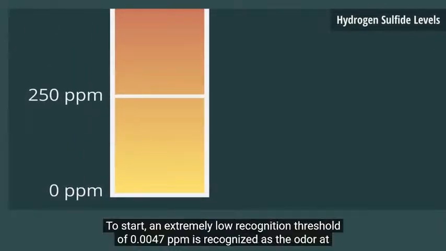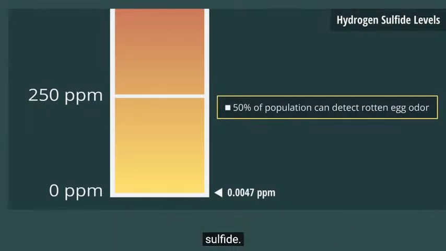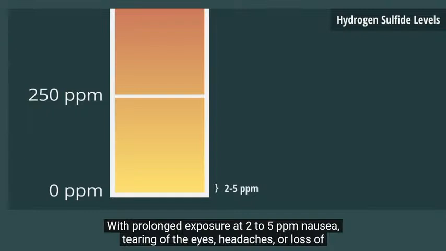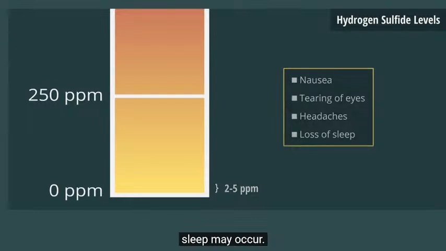To start, an extremely low recognition threshold of 0.0047 parts per million is recognized as the odor at which 50% of the population can detect the characteristic rotten egg odor of hydrogen sulfide. The odor becomes more offensive at 3 to 5 parts per million. With prolonged exposure at 2 to 5 parts per million, nausea, tearing of the eyes, headaches, or loss of sleep may occur.